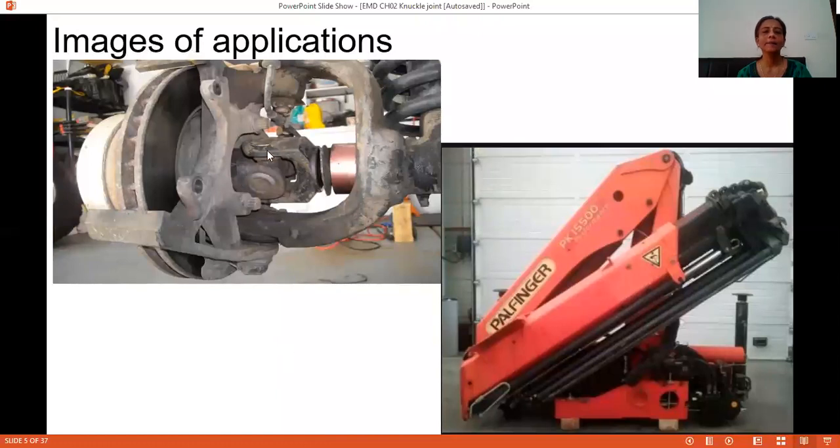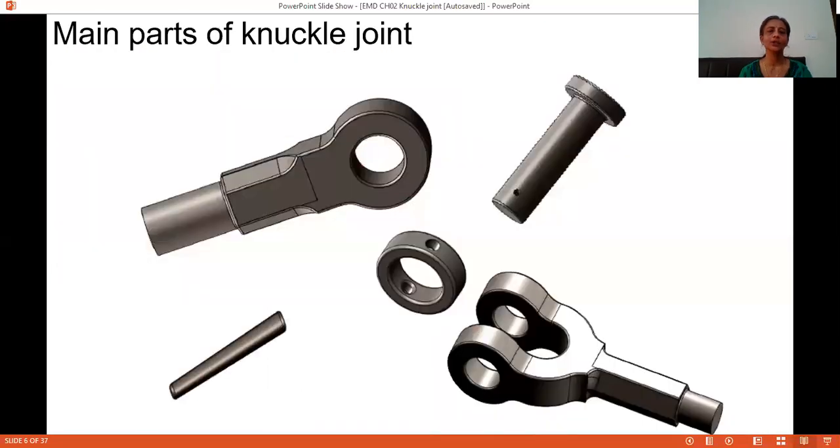Here we can see this is used for the suspension as well as for pulling the trolley with the help of the tractor. And this is the earth mover which is using knuckle joint. So these are all applications of the knuckle joint.